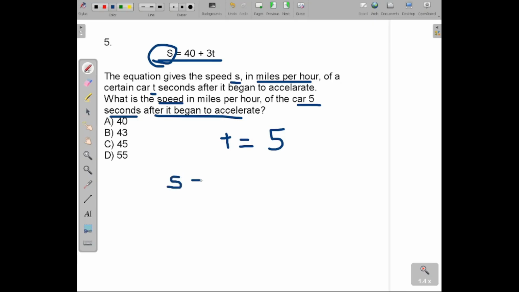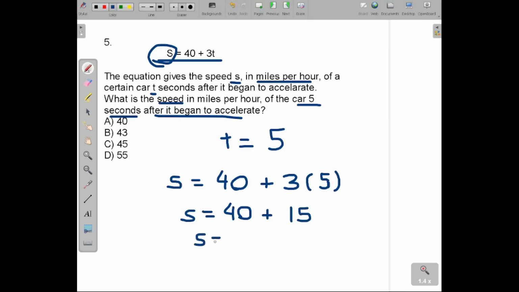So the speed will be equal to 40 plus 3 times t. But we know that t is equal to 5. S is equal to 40 plus 3 times 5, which is 15.